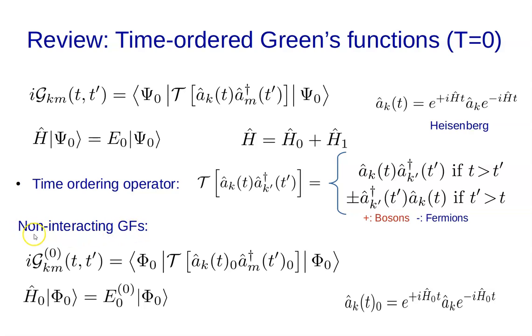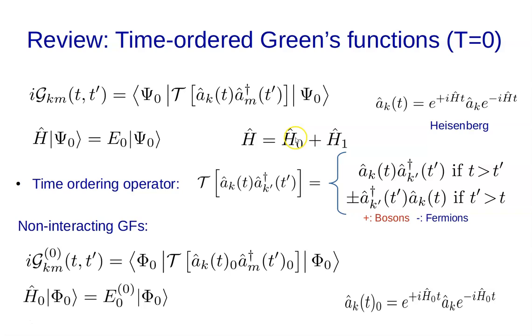We also defined the non-interacting Green's functions. What do I mean by non-interacting here? When we wrote the Hamiltonian, we wrote it as H equals H naught plus H1, and we treated H1 as a perturbation. Specifically, we did the case where this perturbation is precisely the particle-particle interaction. We're thinking of electron-electron interactions, where this is a quartic term.